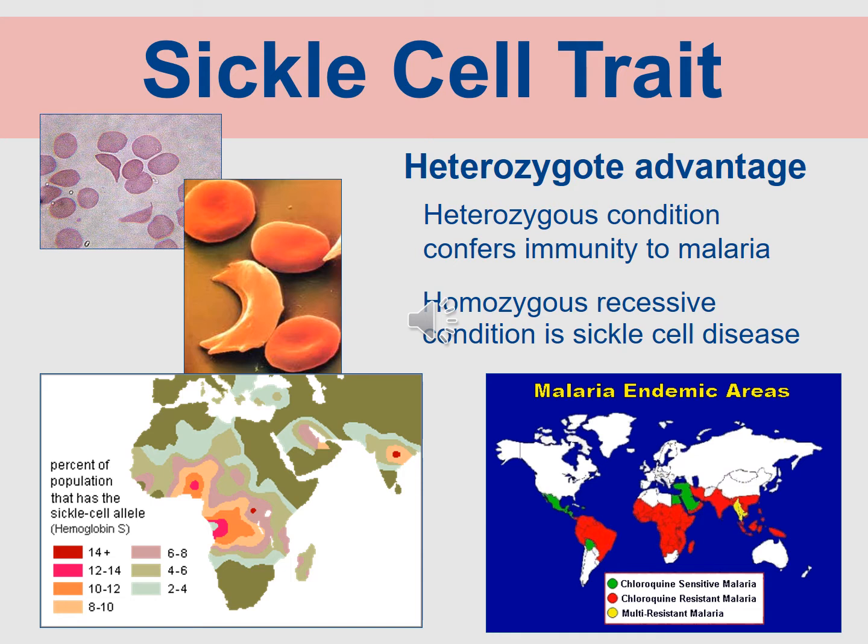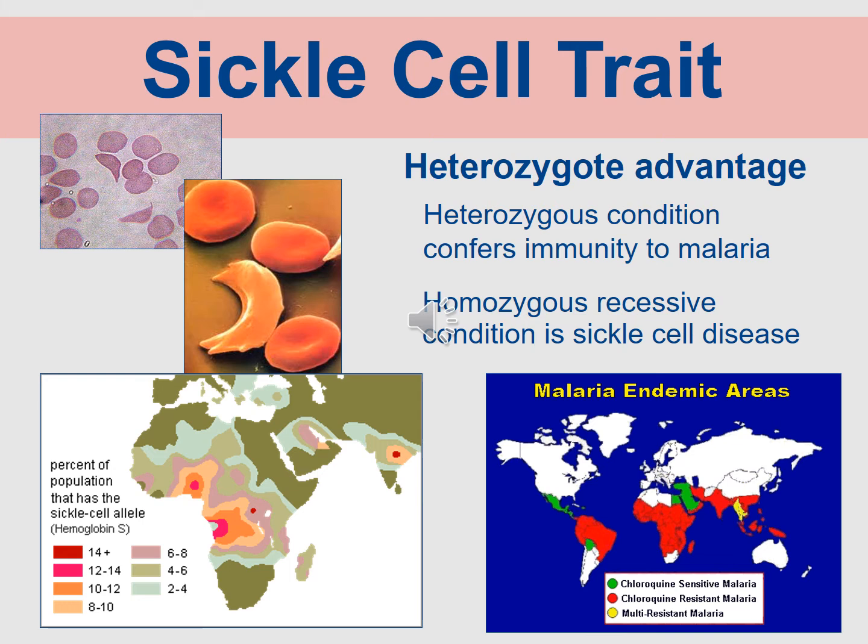You don't have any health problems associated with your red blood cells. Now, if you have sickle cell disease, you're homozygous recessive, you have two copies of the sickle cell allele. Now, you have a mosaic of cells, most of which are sickle shaped, and you have major problems transporting the oxygen to the rest of your body, and you're highly susceptible to iron deficiency.